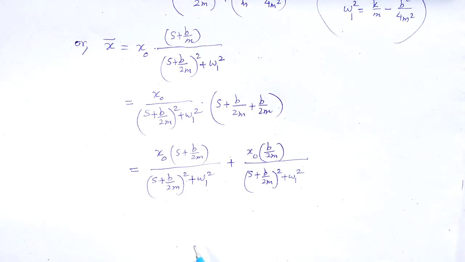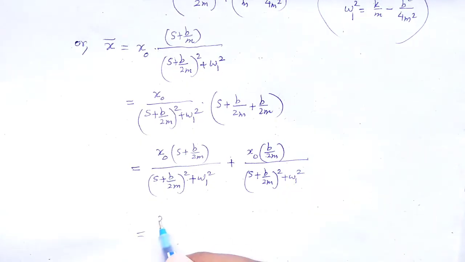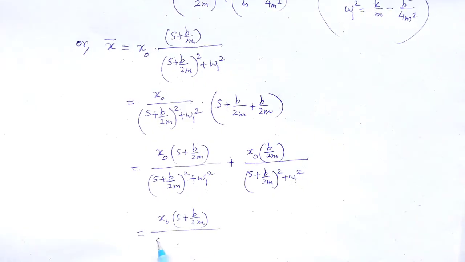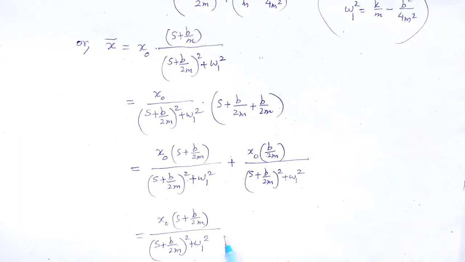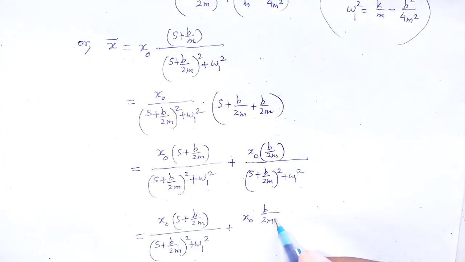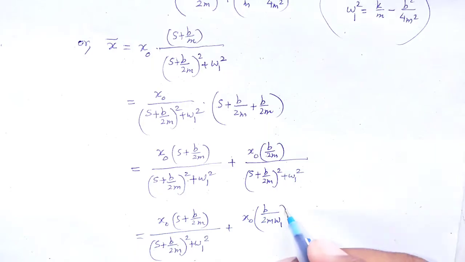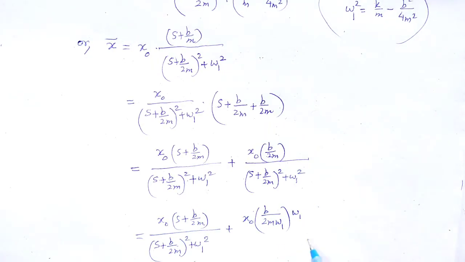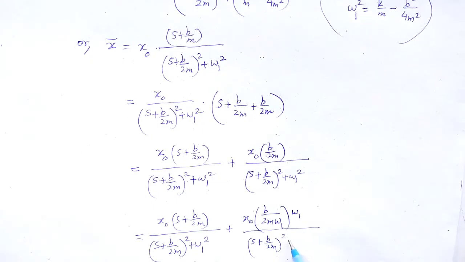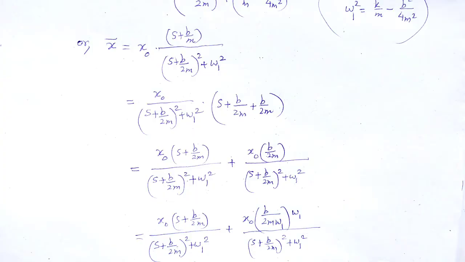Now, x naught (s plus b by 2m) divided by (s plus b by 2m) square plus omega 1 square, plus x naught b by 2m, with omega 1 divided and multiplied, there will be no such change, divided by (s plus b by 2m) square plus omega 1 square.